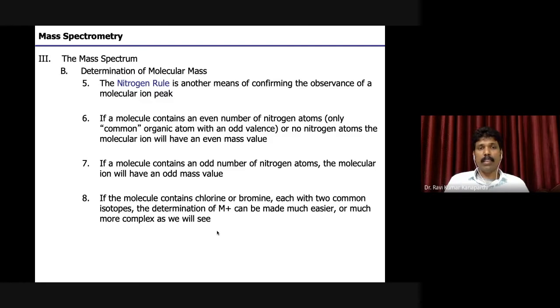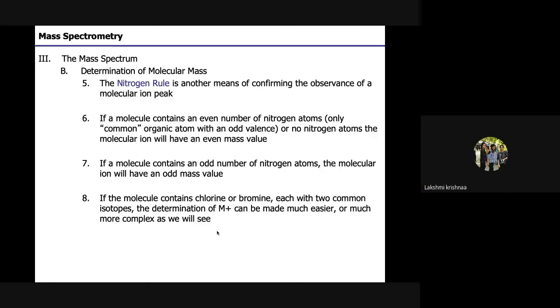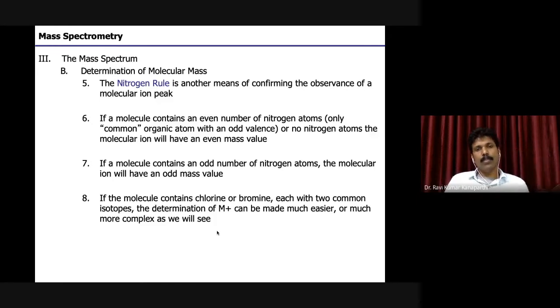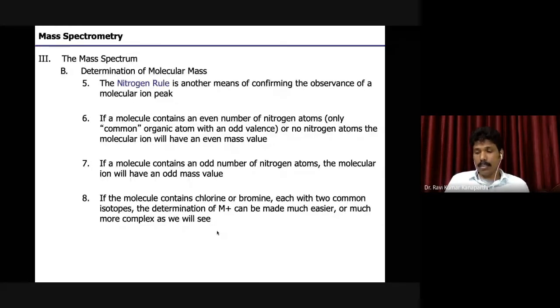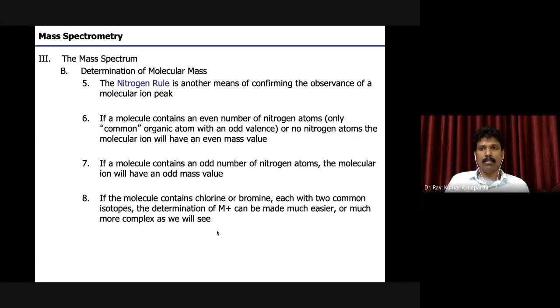Plus methyl, which is 15, so 14 plus 15 is 29. 29 plus 32 is 61. So 61 is the molecular mass of this compound. Is it an odd number or even number? Definitely it is an odd number.